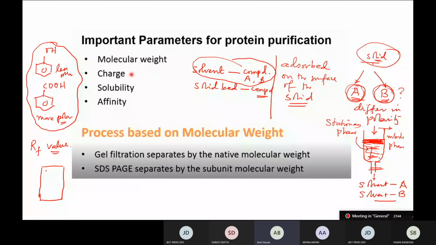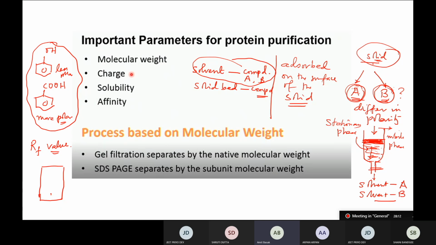Yes, sir. So what is RF? Basically this plate is coated with a solid matrix, usually silica gel. What you do is put a drop of a solution of the compound here, and allow the solution to dry out, so the compound becomes dry.